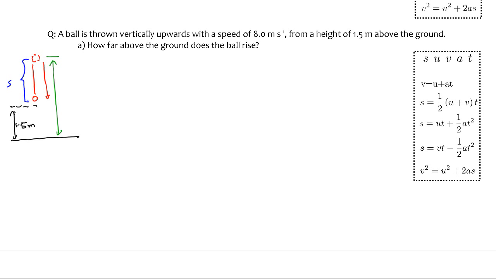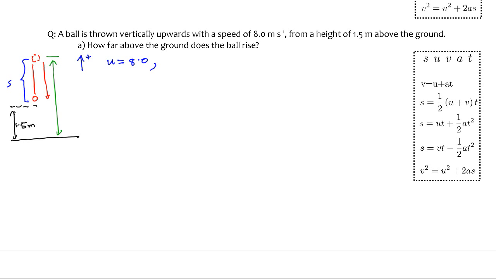So what are the values that I know? Let's start again, this time by making upwards positive. I'll make upwards the positive direction. So I'll put a little arrow to indicate that I'm taking the upwards direction as the positive direction. In that case, my initial velocity, which was upwards, will be plus 8.